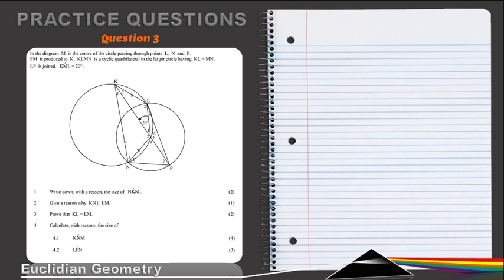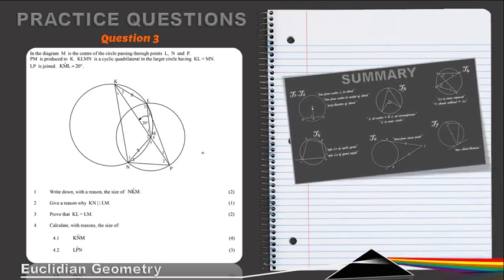Now write down with a reason the size of NKM. So NKM. Now first of all, let's just look at our reasons here, or our theorems. If we look closely, this one is given that it's equal to this one. And I can see that this 20 is subtended by this chord, and then the one they are referring to, NKM, is subtended by an equal chord.